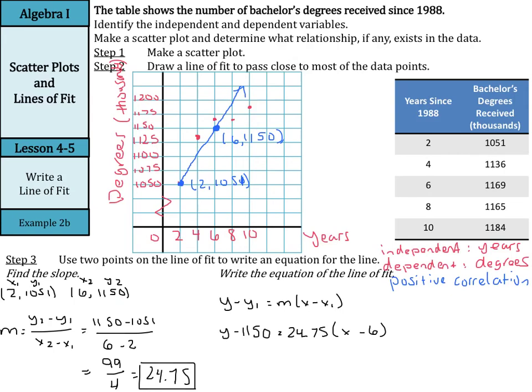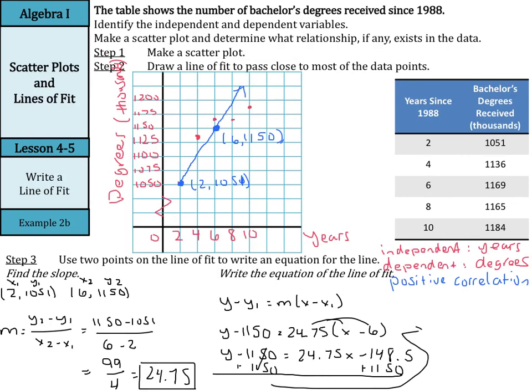Well, as I go to simplify, y minus 1150 is going to equal, as I distribute, 24.75x minus 148.5. And as I look to simplify here, I can add this 1150 to both sides, and that cancels out.